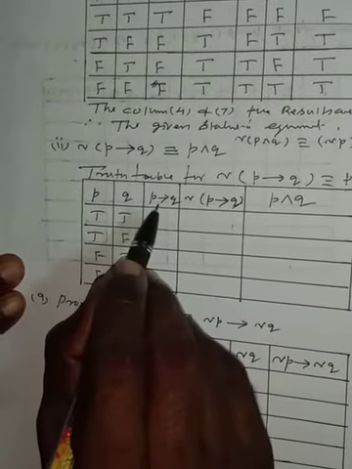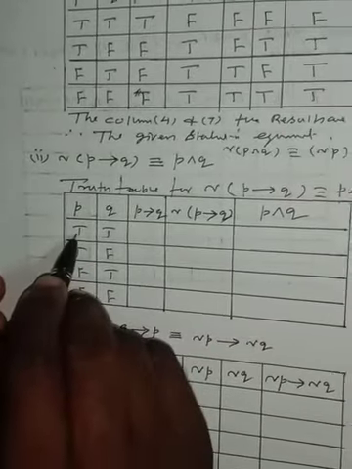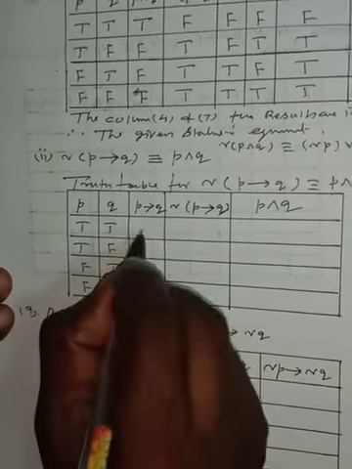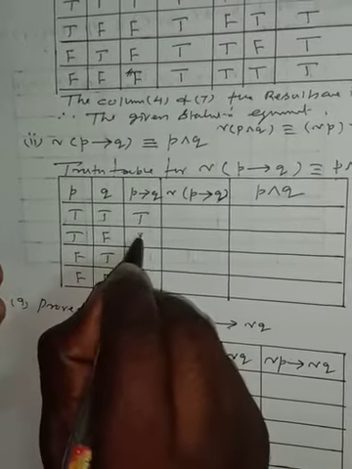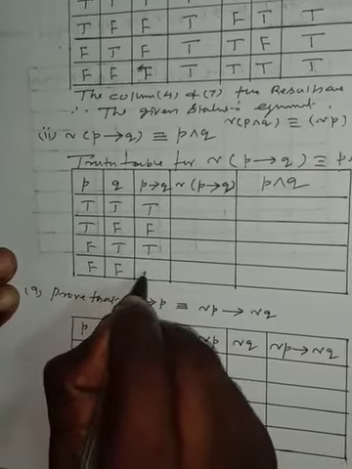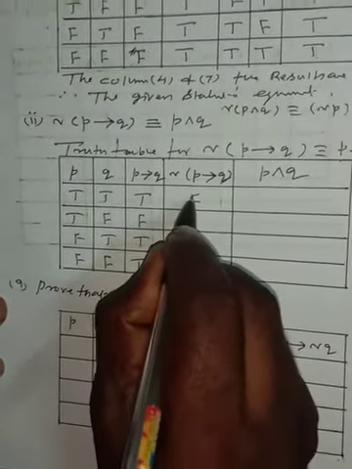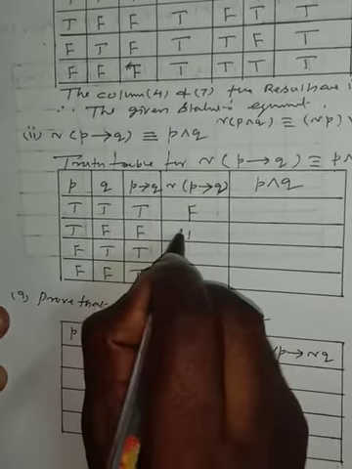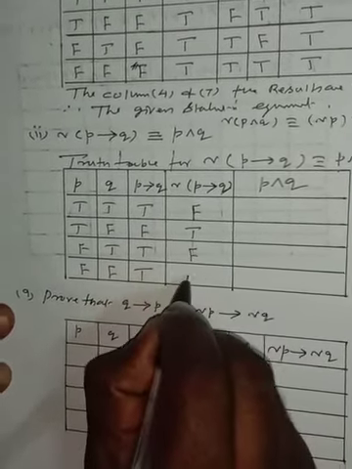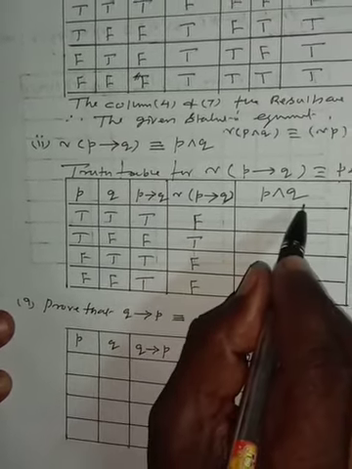P conditional Q, the conditional statement: T implies T is T, T implies F is F, F implies T is T, F implies F is T. Next, negation of P implies Q. True means false, false means true. False, true, false, false.